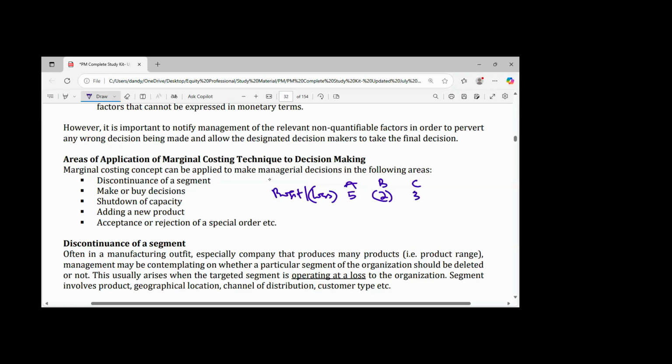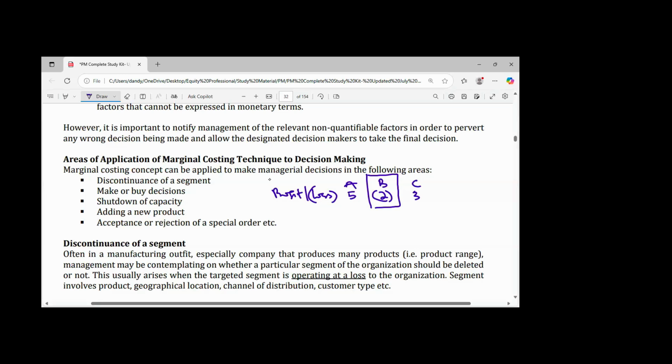Because product B is operating at a loss, management will now be thinking of closing down product B so that they can concentrate on the profitable ventures. So this is the main reason that makes management think of closing down a segment. When a segment is not profitable, or is operating at a loss, management may be thinking of closing down that segment.